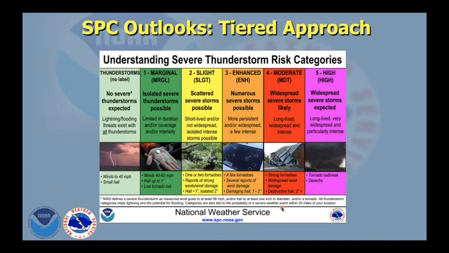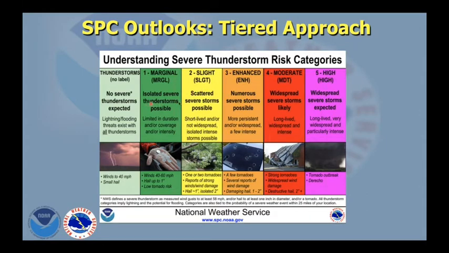Putting words to all these definitions of all these words, I mean, general thunderstorms during monsoon season, and even now we pretty much almost see thunderstorms every day, generally not severe, just lightning risks. Going in the future, we'll probably see some marginals here soon, and then slights and potentially an enhanced.